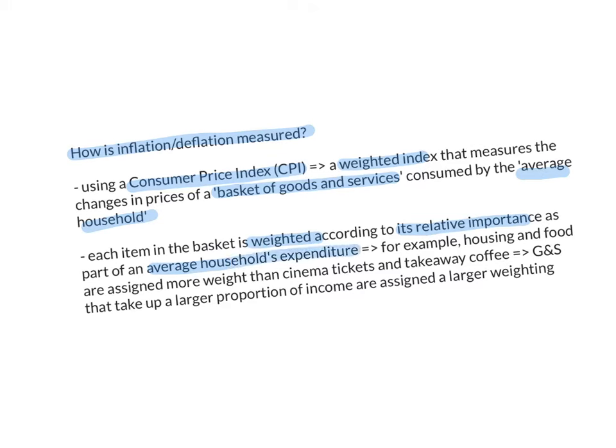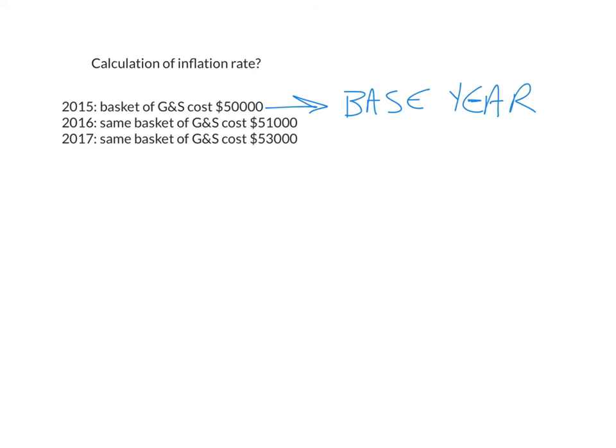For example, housing and food, which are necessities, will be assigned more weight than cinema tickets and takeaway coffee. Goods and services that take up a larger proportion of income are assigned a larger weighting. So how do they assign the weighting? Depending on the proportion of income spent on that good or service. And this is how inflation is measured.